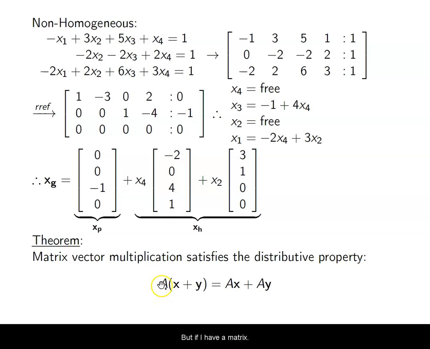But if I have a matrix and I'm multiplying that times an addition of vectors, it's the same thing as if I were to distribute the A across to each vector. Notice here that A is on the left-hand side of the vectors, and over here A is still on the left-hand side. That's actually very, very important. We'll talk about that a lot in the next video.